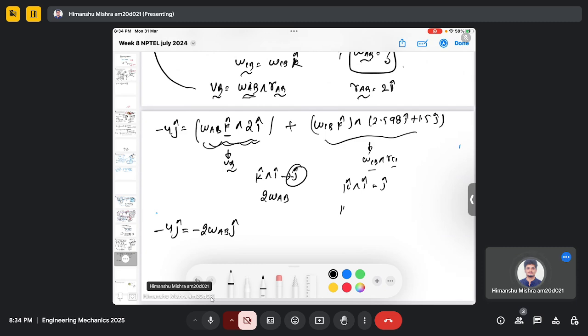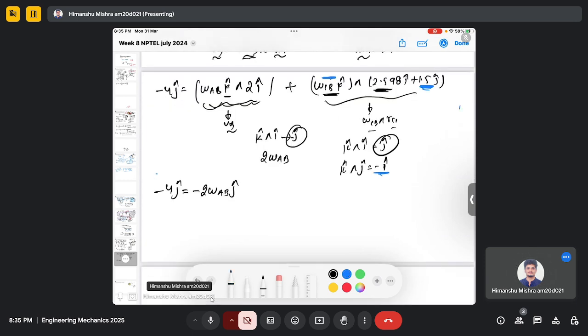If you take a cross product between k into j, it will give you the direction minus i. So this will be 2.598 omega CB j minus 1.5 omega CB in the i direction.